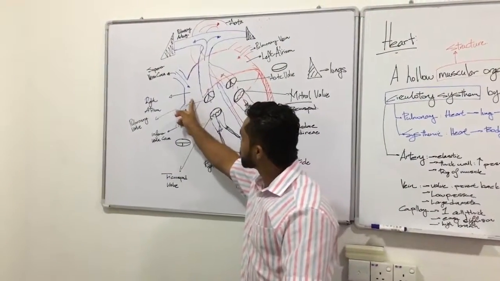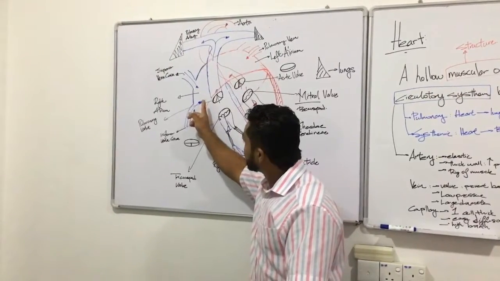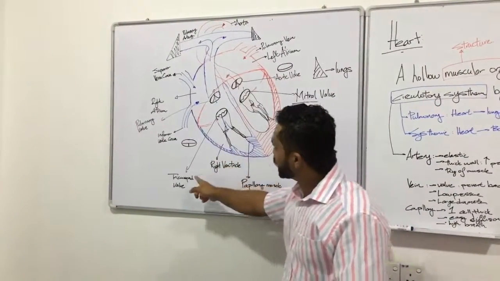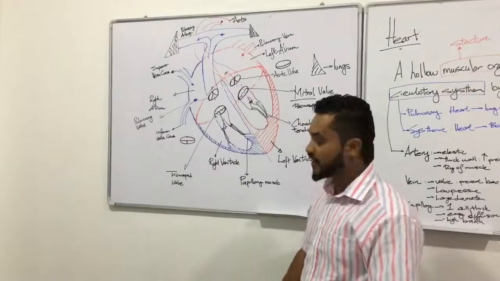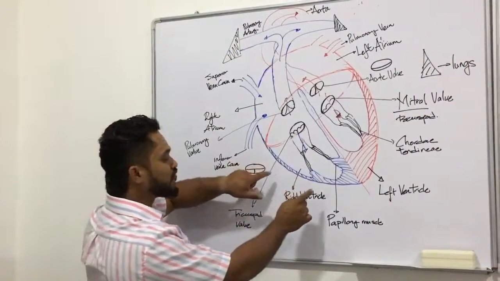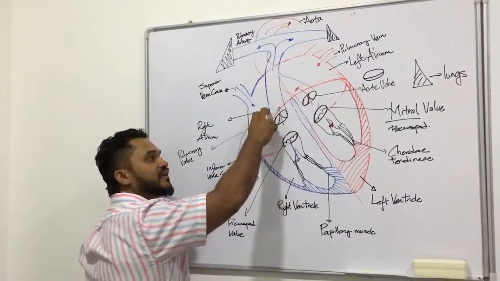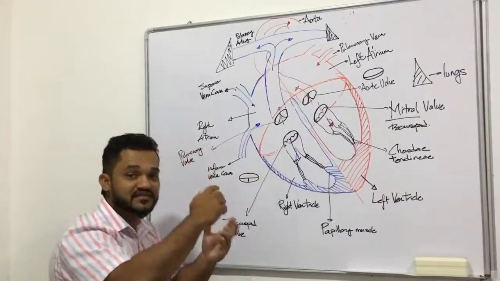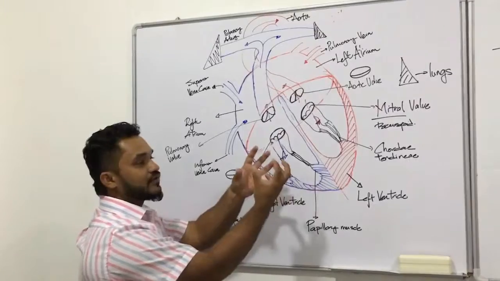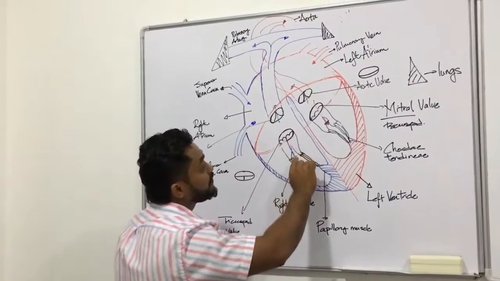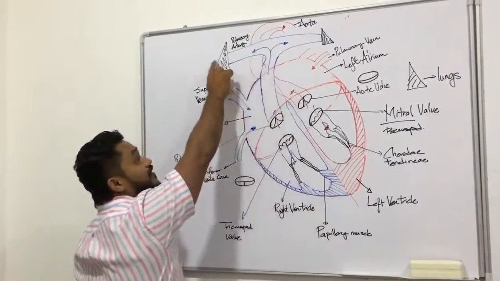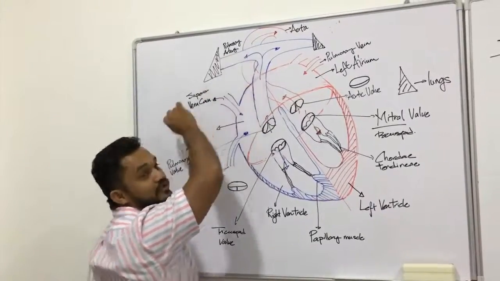Once it goes to systole, the blood will pass from here to here through tricuspid valve. Okay? When your ventricle goes for systole, you have to remember that your atrium is actually in a diastole stage, means relaxed stage. Now, when your ventricle goes for systole, the blood will pump through the lung via pulmonary artery.